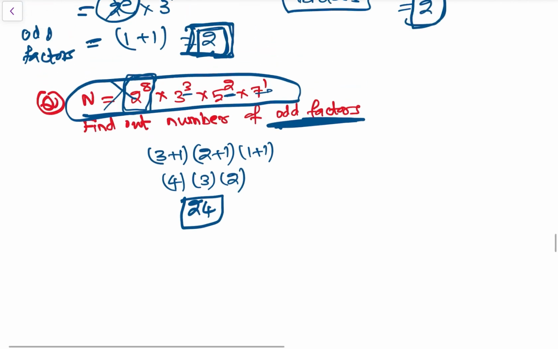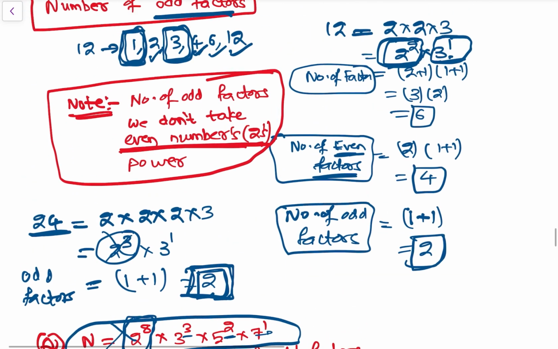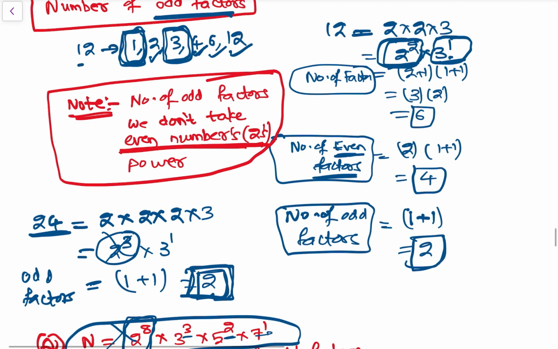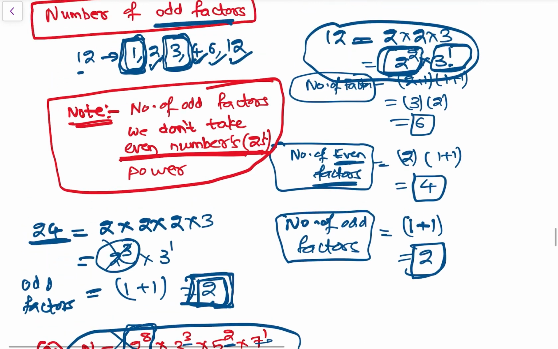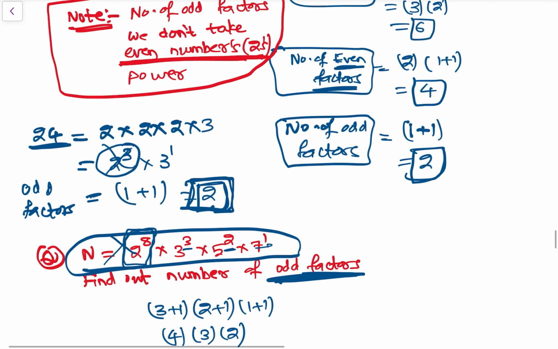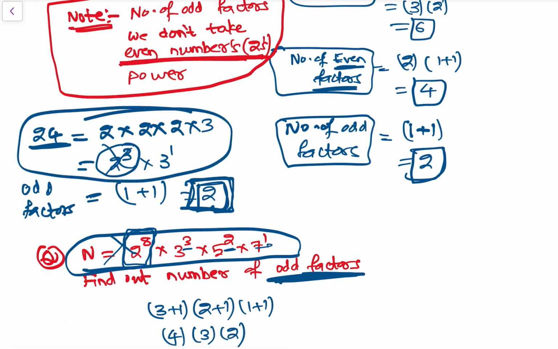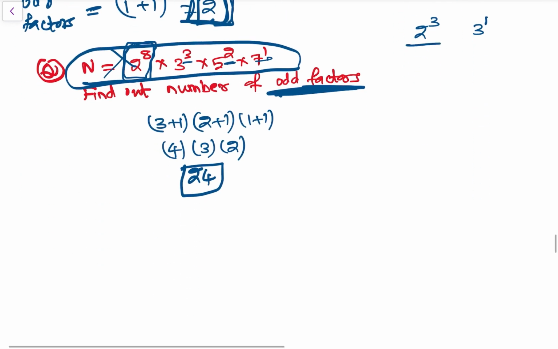Now if you want to know the reason why we don't take the power of 2 to get odd factors, let's look at 24. For 24 we are getting 2 to the power 3, 3 to the power 1. So the factors: 2 to the power 3 gives 2 to the power 0, 2 to the power 1, 2 to the power 2, 2 to the power 3.